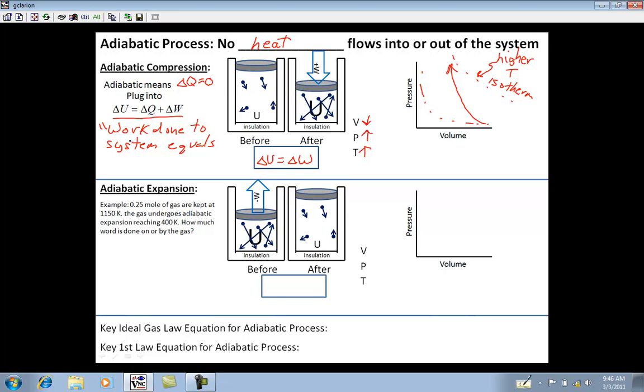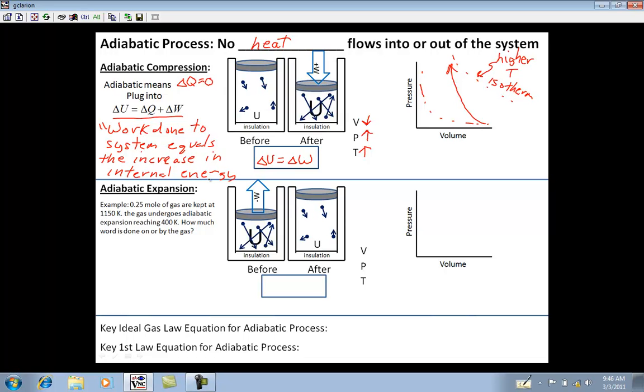Okay, equals the increase in internal energy. Because we can't gain or lose heat in this case. The increase in internal energy. All right? So this is a pretty easy one.